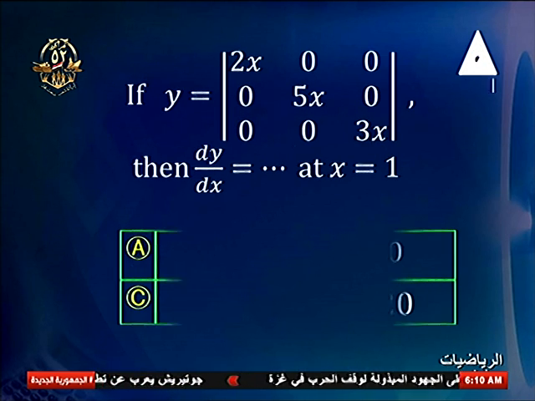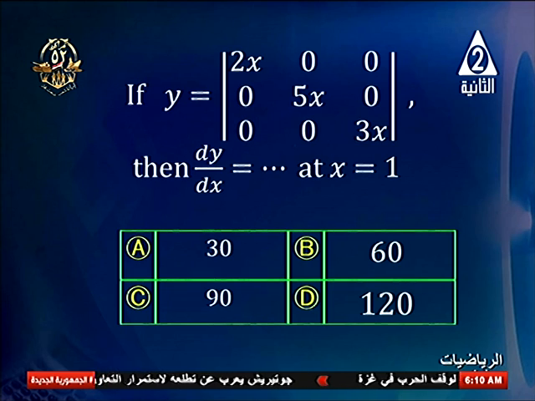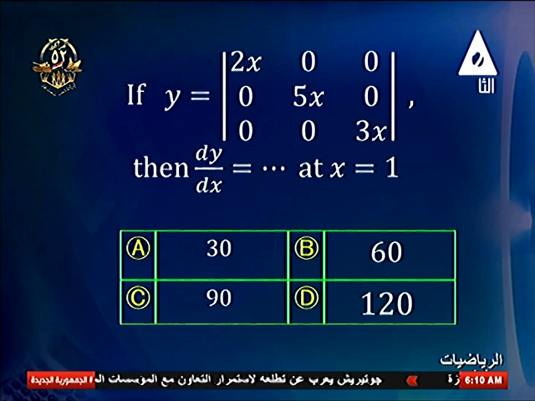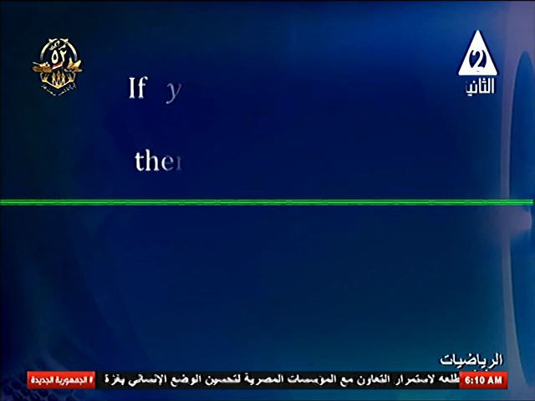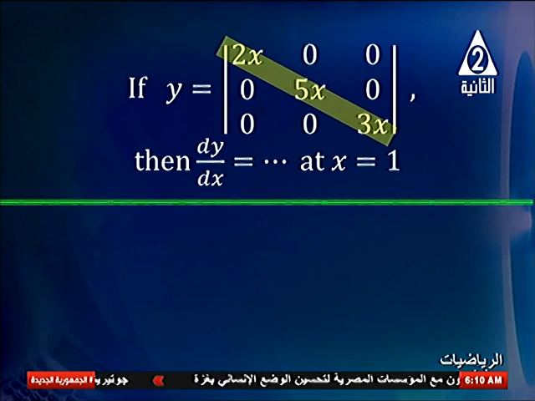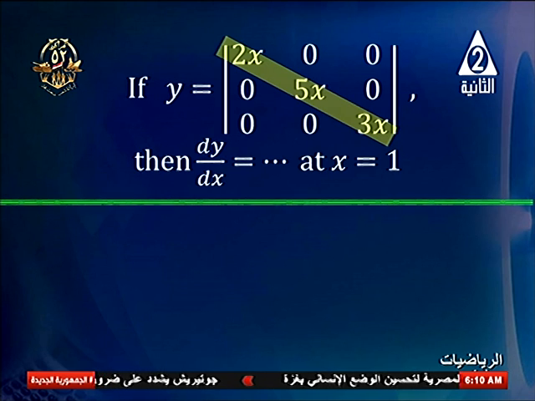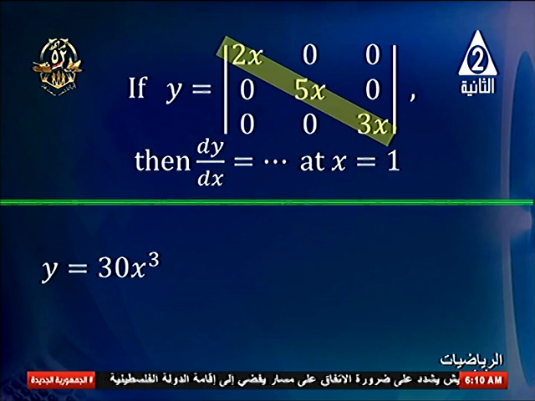Look at the multiple choice: 30, 60, 90, or 120. Before we choose, look at the solution. The value of the determinant, 2x times 5x times 3x, equals what? 30x to the power 3. This is y. y equals 30x to the power 3.